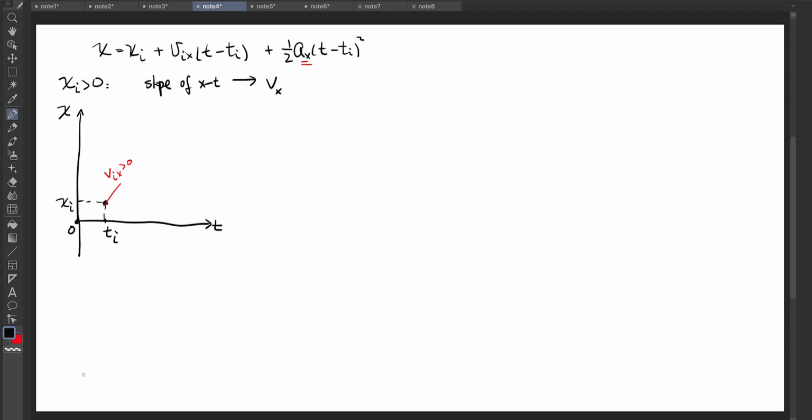So let me draw some brief notes here. These kinds of diagrams, curving down, ax is negative, and these kinds of curves, curving up, ax is positive. Okay. So now I know Vx is like that, and let's say ax is positive.